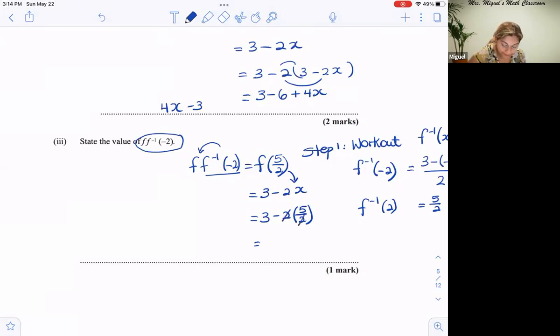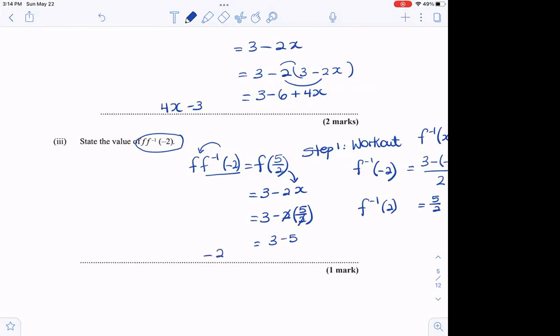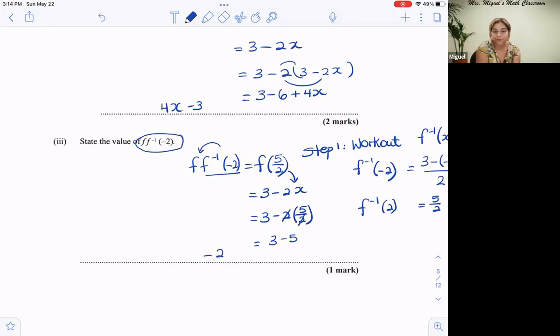This is going to cancel. It will reduce to 3 minus 2. What is the answer? 3 minus 5. What is the answer? Minus 2. Did anybody else get minus 2?